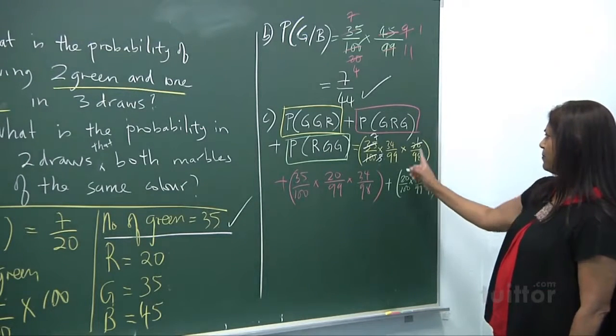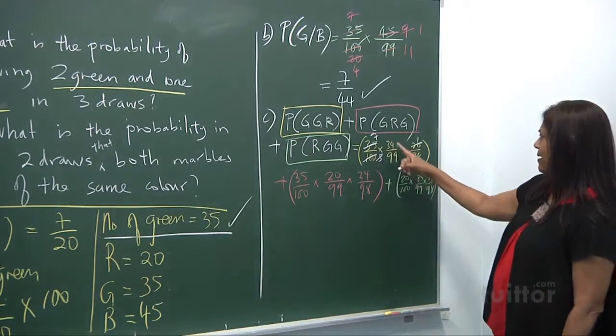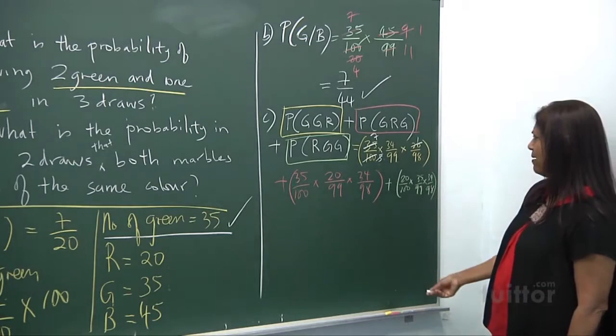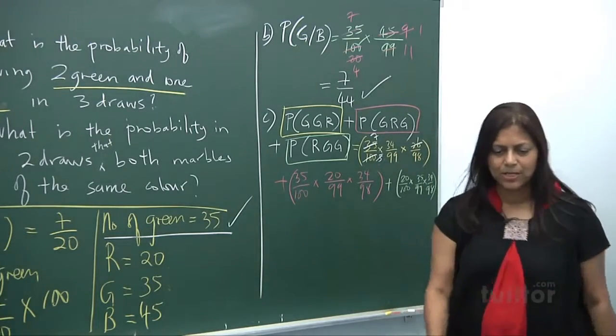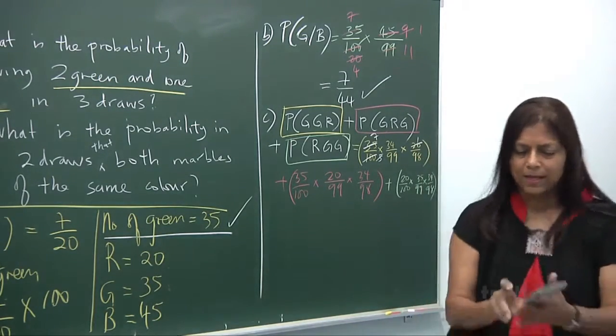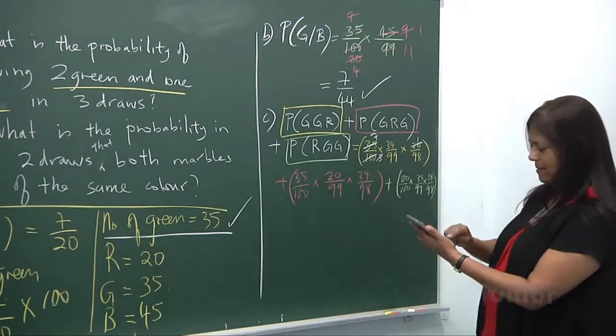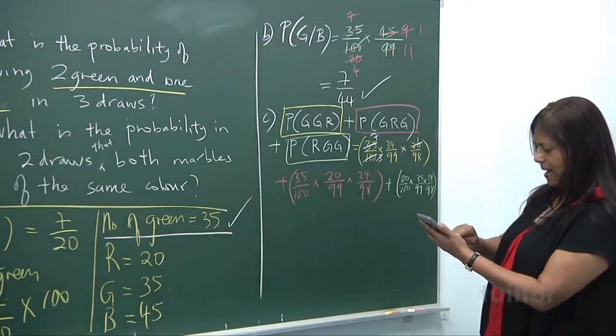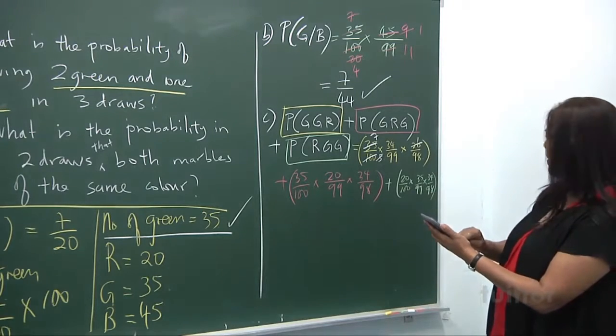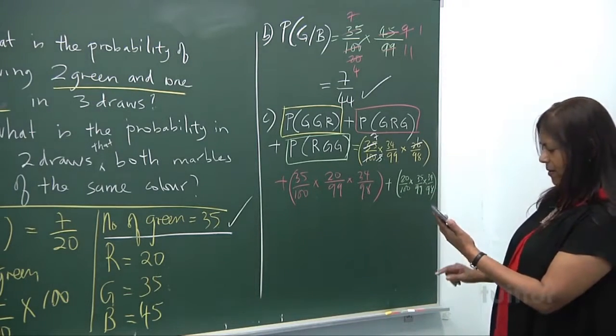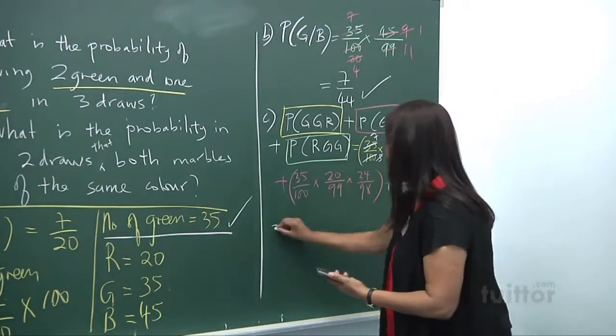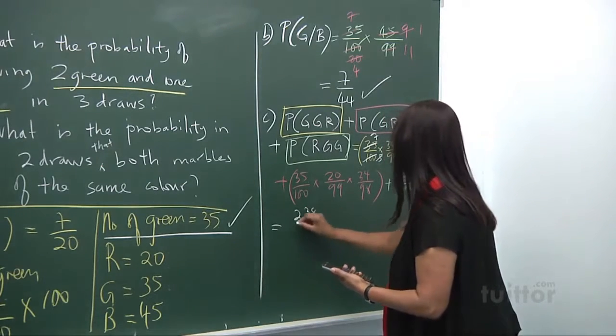And then this 2 we can reduce, but it's not really necessary. We can plug it into the calculator. Now, let's look at what this becomes. 7 times 34, what do you get? You get 238.